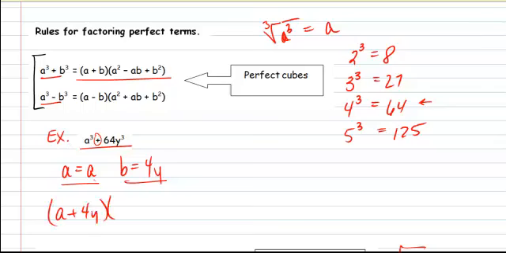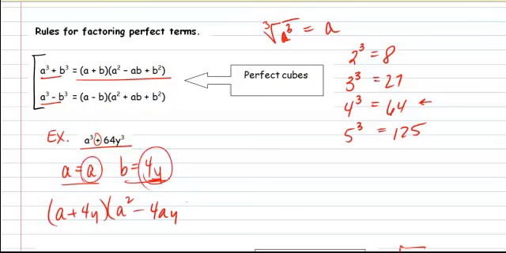I'm going to take my a term here, which is a, and square it, a squared. Now I have a minus sign. The next term here is a times b. So if I multiply this a times b, I get 4ay. Okay, that's just multiplying this term by this term.